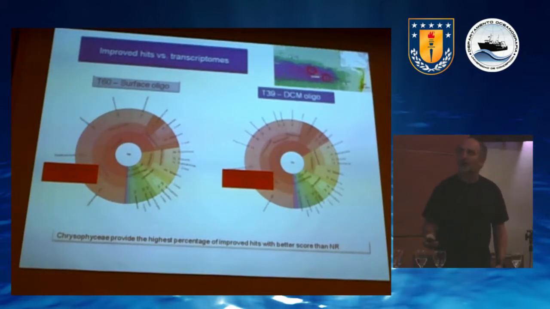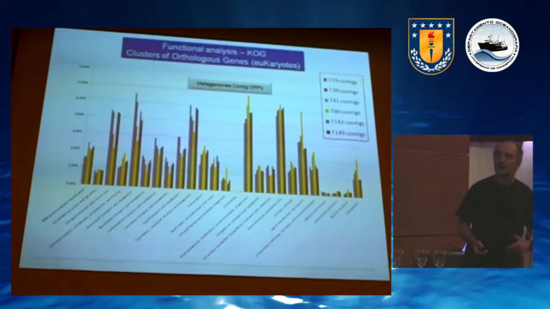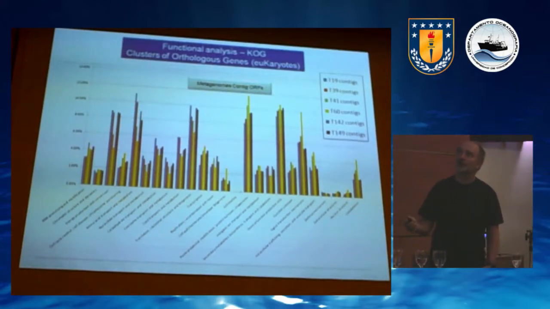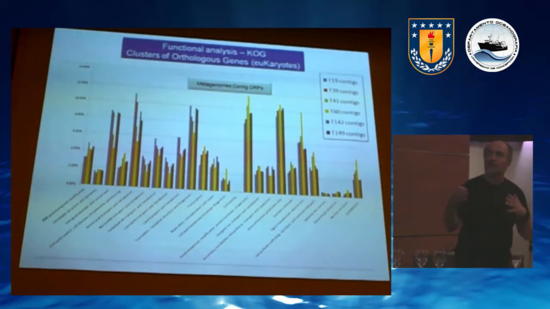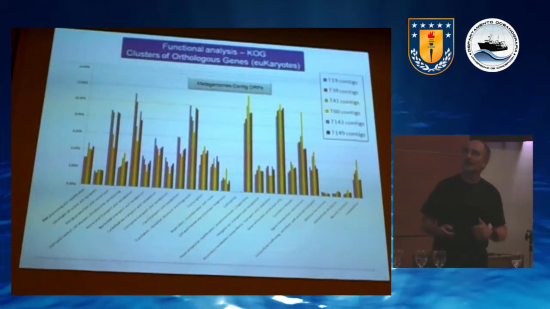The other part we also want to do is functional analysis. So we use a classification for genes called clusters of orthologous genes, COG. I will not go into the detail of which one is better, because you have several classifications for genes, COG, KEGG, and so forth. This is one way.